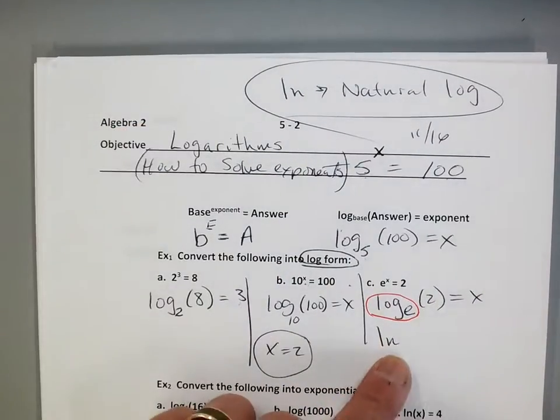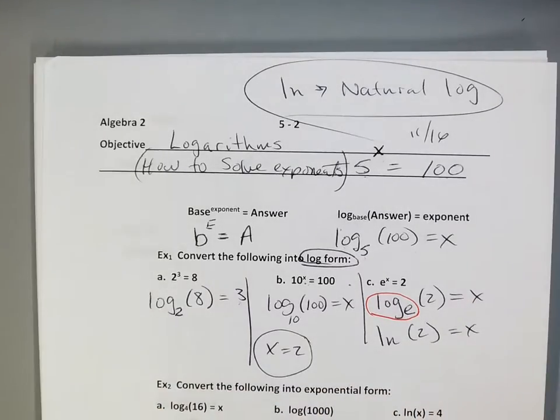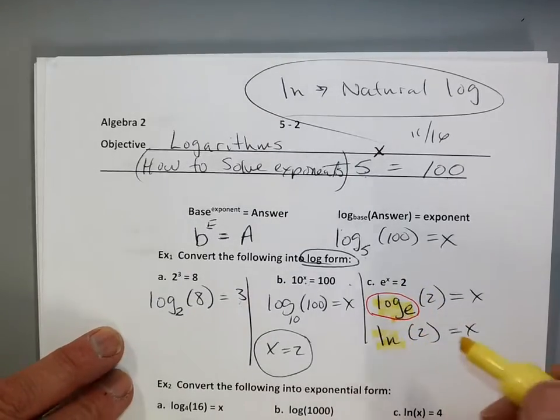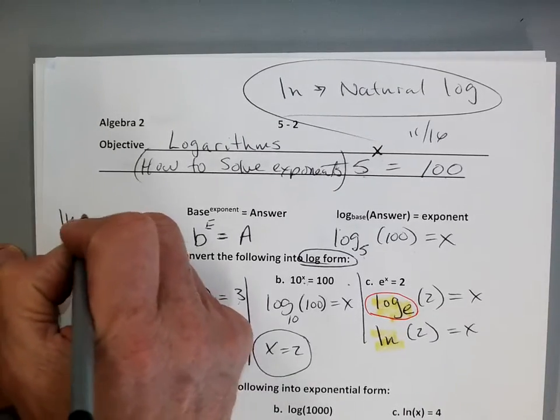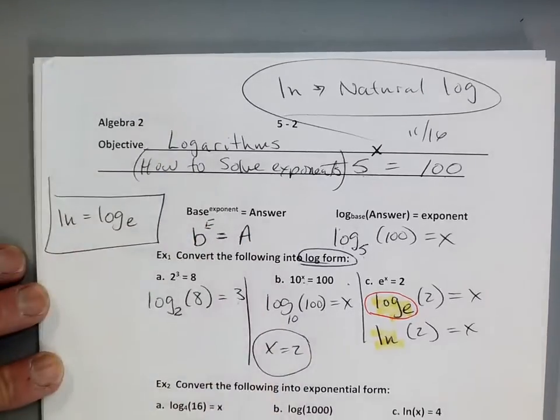So we're going to go ln, or natural log of 2 equals x. So these two are the same thing. When you see log of base e, you just write ln. It means log base e. That's one of our little identities.